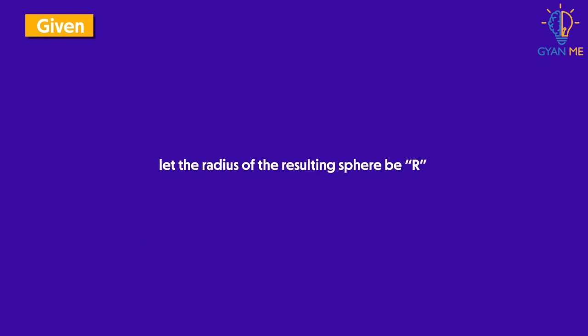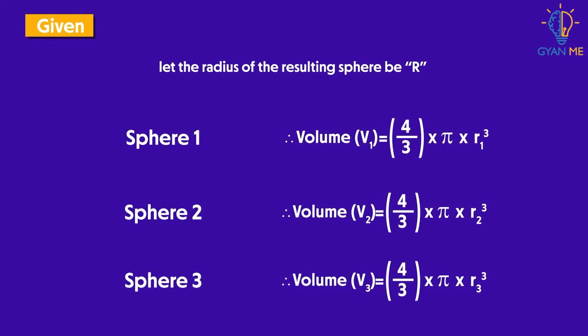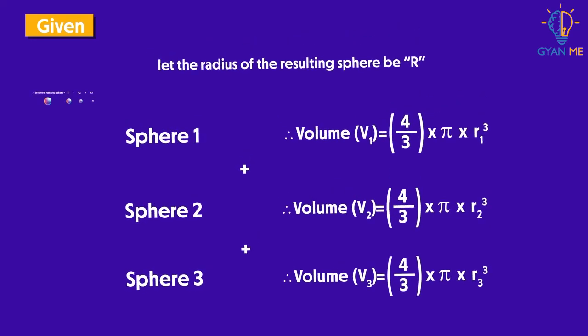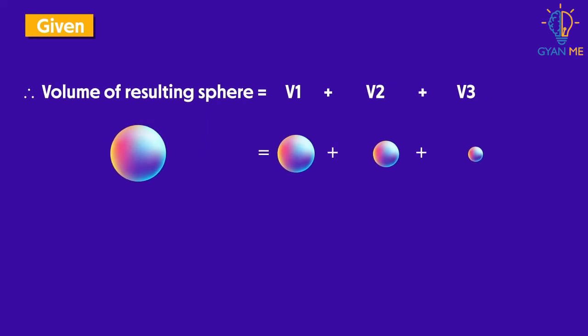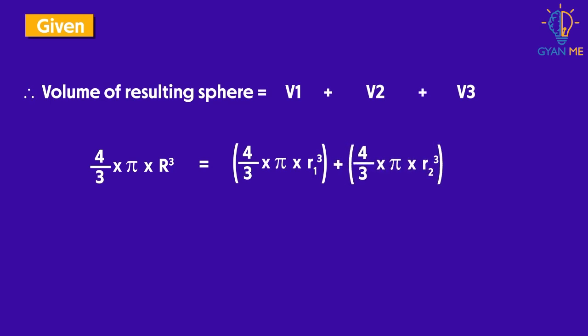Also, let the radius of the resulting sphere be capital R. Now, we know that the total volume of the new sphere will be equal to the sum of the small 3 spheres as it is made from them. Therefore, the volume of the resulting sphere is equal to V1 plus V2 plus V3. On substituting the formula, we get 4 upon 3 into pi into R cube is equal to 4 upon 3 into pi into r1 cube plus 4 upon 3 into pi into r2 cube plus 4 upon 3 into pi into r3 cube.